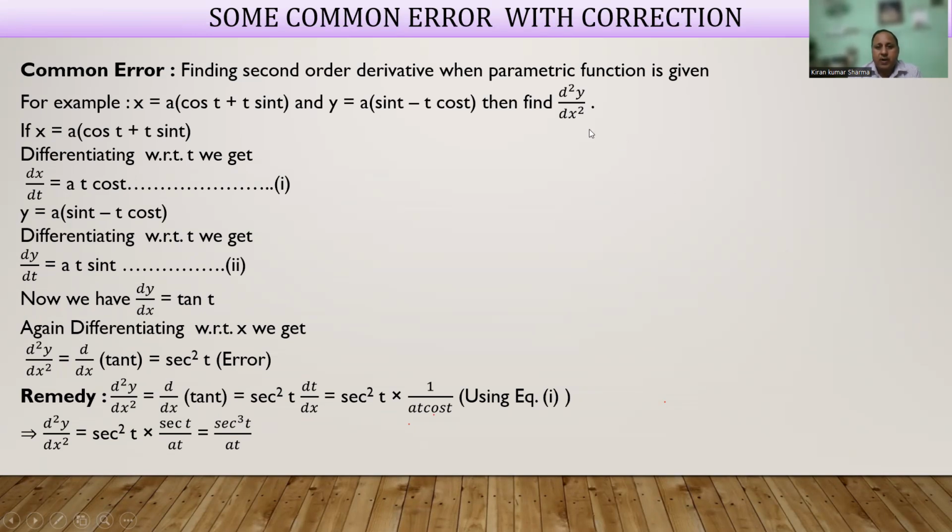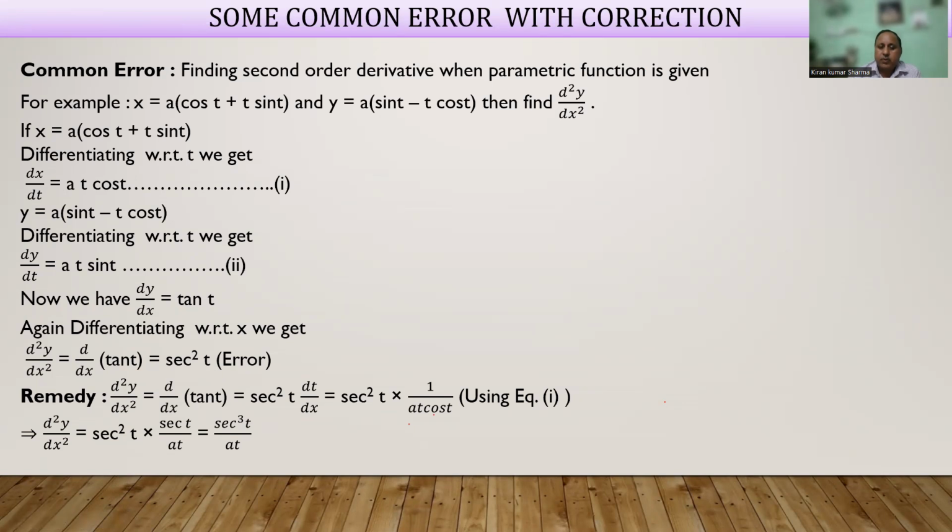Now, the question is find the double derivative d square y upon dx square. So again, differentiating with respect to x. But what do students generally do? They find the left hand side, that is d square y upon dx square, and the derivative of tangent t, that is secant square t. They only write secant square t, and again forget that we are differentiating this function with respect to x.